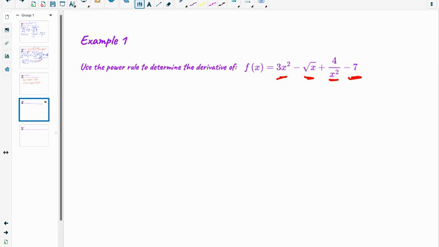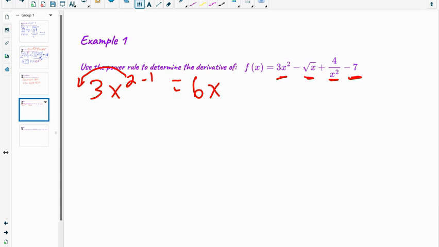So let's do our power rule for this 3x squared. That means I'm bringing the exponent out front, and then I'm subtracting 1. So 2 times 3 is 6, and then it becomes x to the first. I'm done with that term.